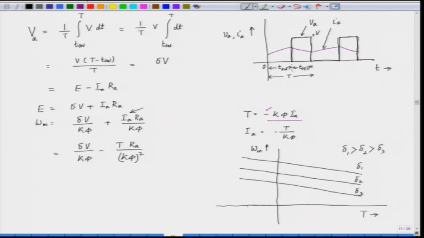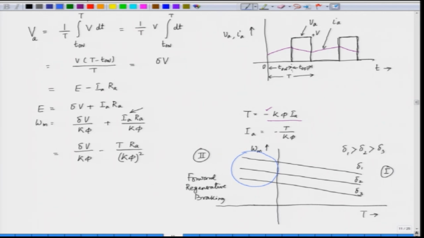So, this is the first quadrant, we have the second quadrant here, and this is the quadrant for forward regenerative braking. With the equation remaining the same, we are actually operating in the second quadrant of the speed torque characteristic.